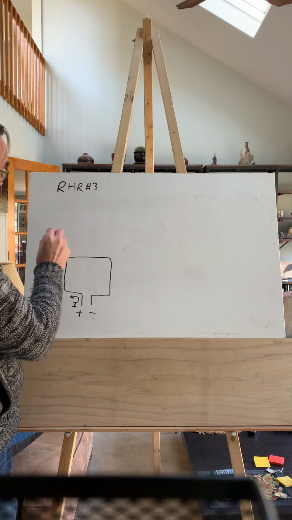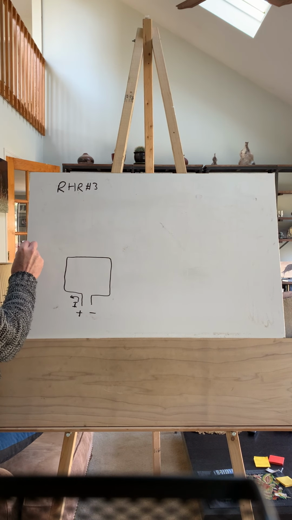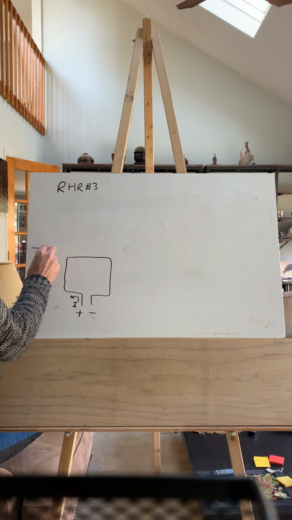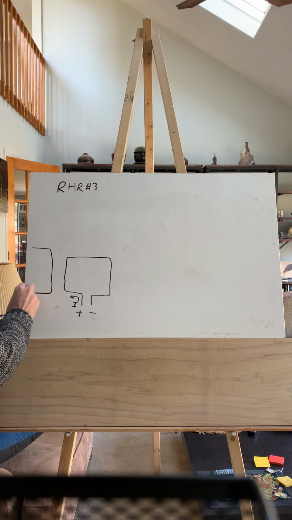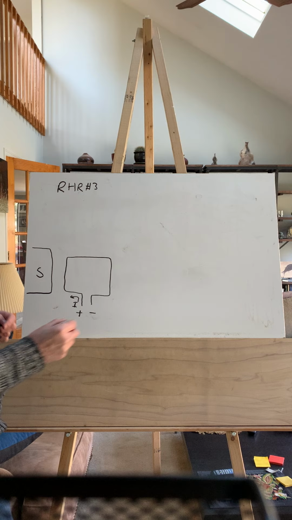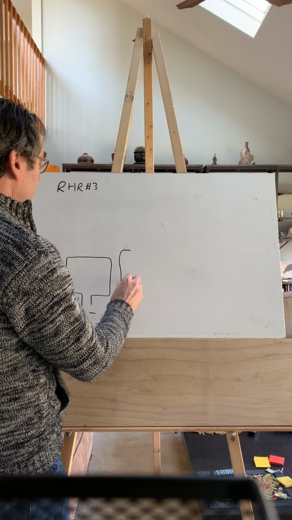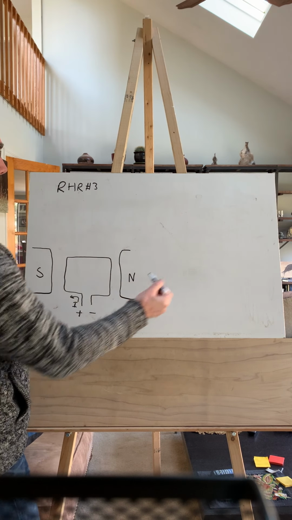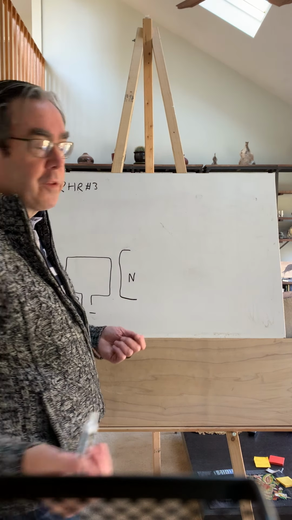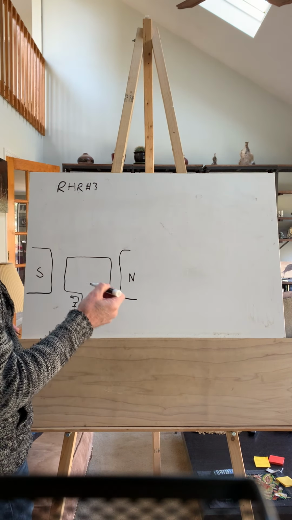And let's say that we impose an external magnetic field. Say we have a huge bar magnet, and we've got the south pole of that magnet here. The north pole would be over here. Say we've got another huge bar magnet, and we place the north pole there. The south pole would be over here somewhere. Of course, you can't have a single pole.